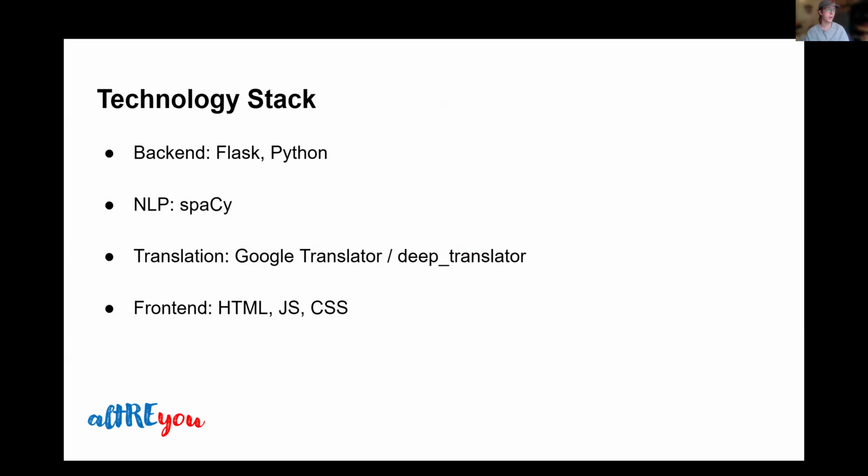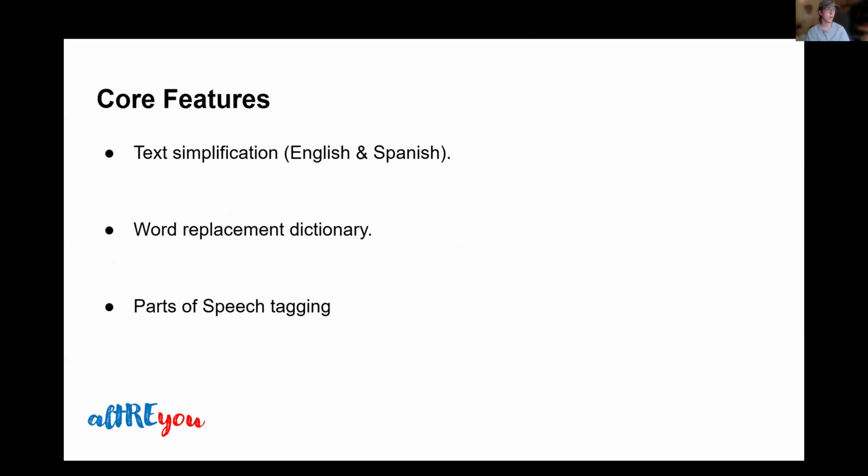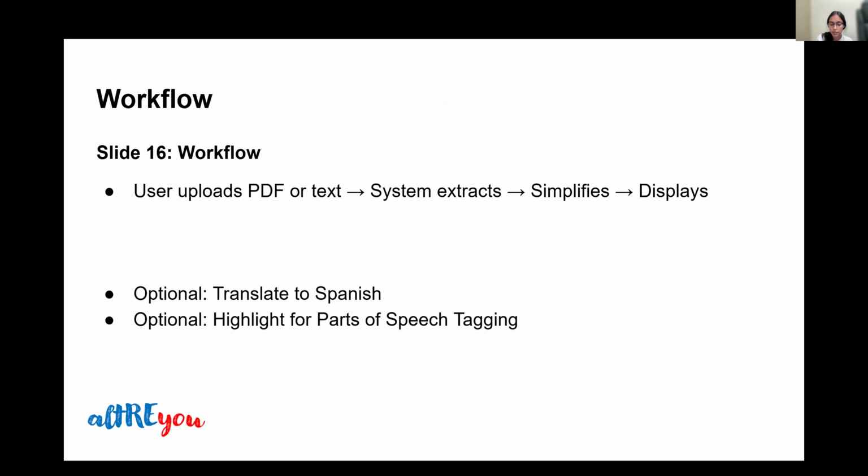Our tool is built with Python and Flask for the backend, spaCy for advanced text analysis, and Deep Translator for multilingual support. The front end uses HTML, CSS, and JavaScript to handle user interaction. ClearText can highlight parts of speech, calculate readability scores, identify complex or uncommon words, simplify the text for easier understanding, and provide translations, all in one easy to use interface.